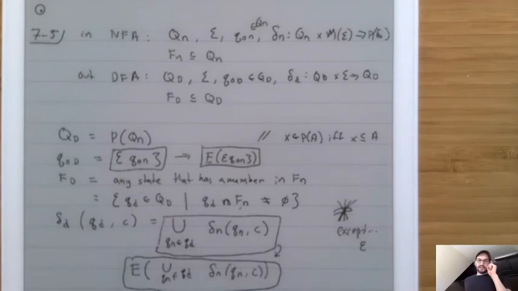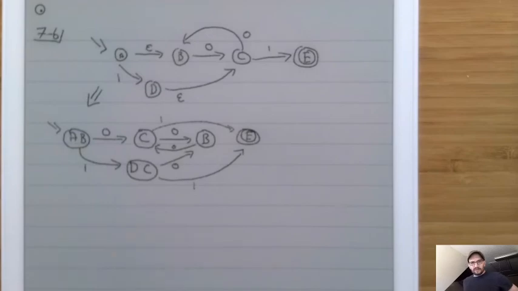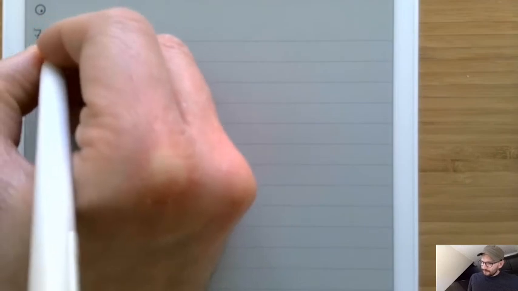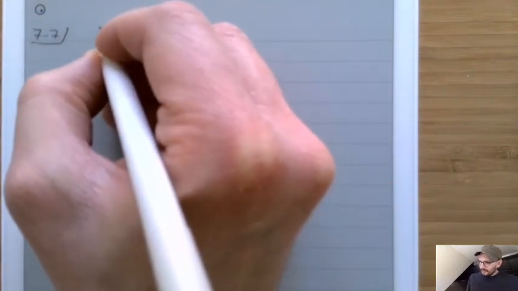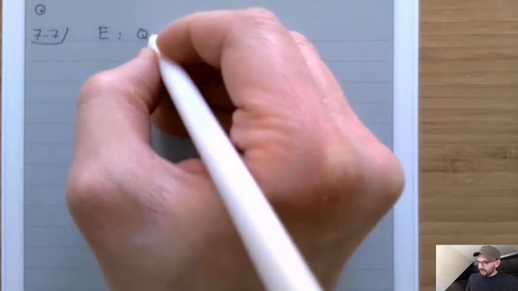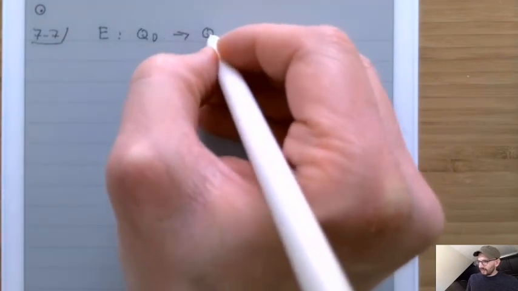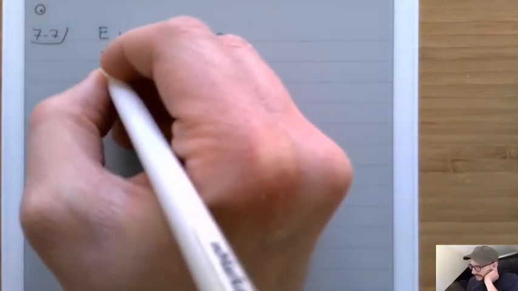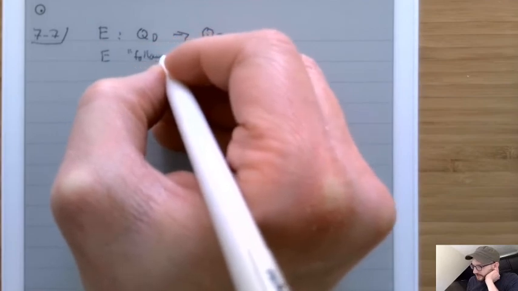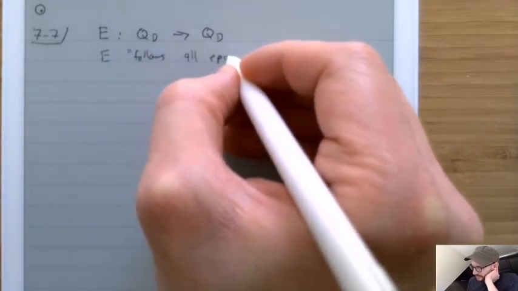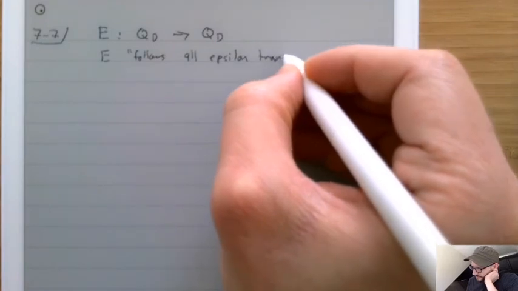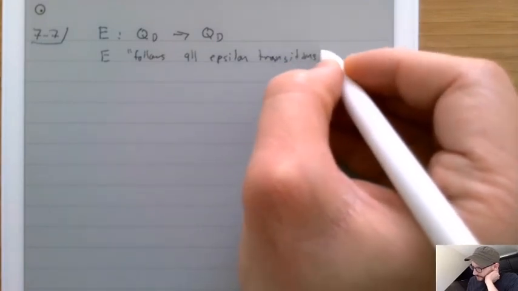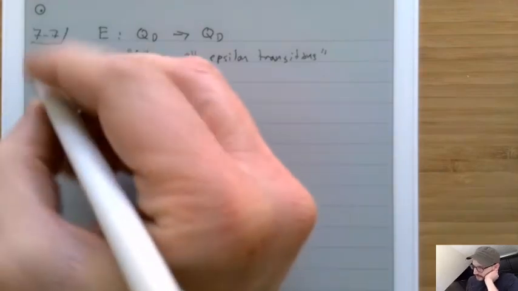All right, now what is this E function? Notice that E takes a set and returns another set. So let's write it on the next page. So E takes an element of Qd and returns an element of Qd. And here's the idea. The idea is that E follows all epsilon transitions. Okay, so let's think about how we could write that.